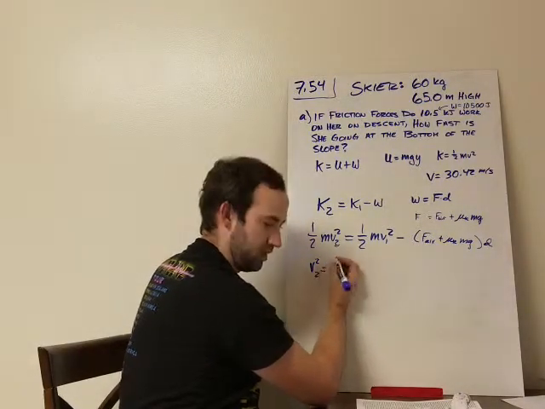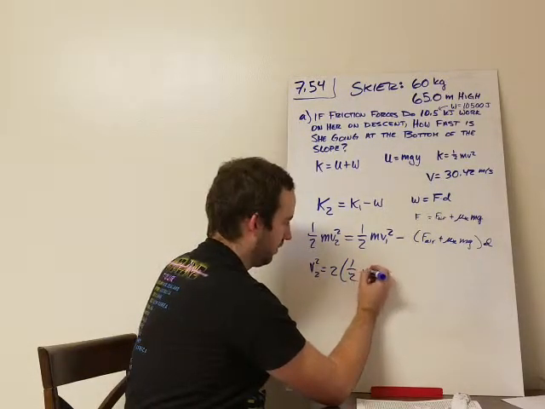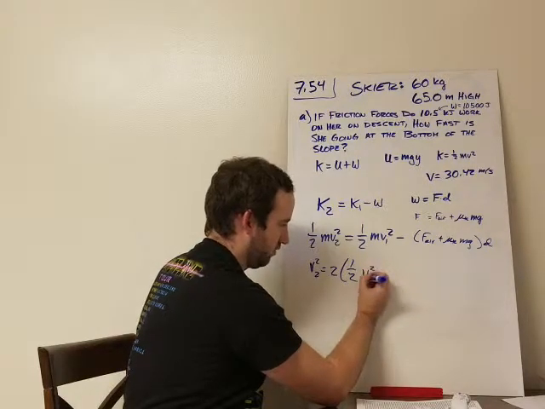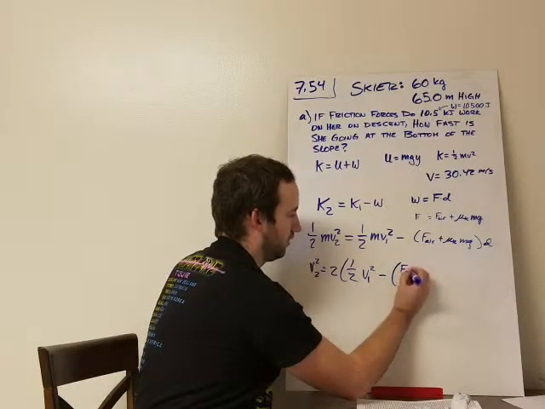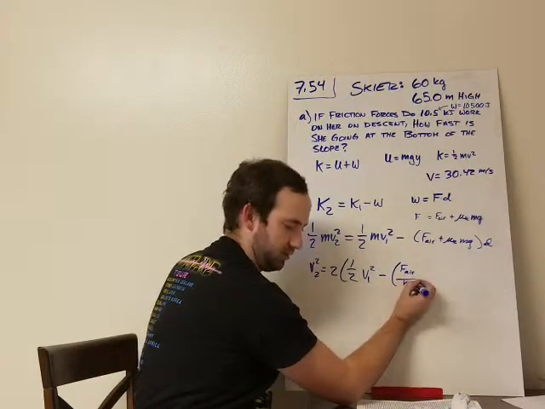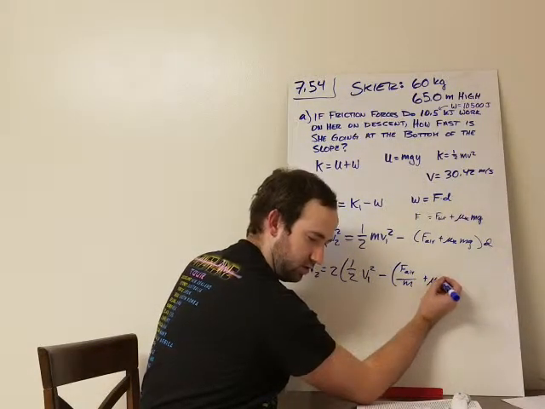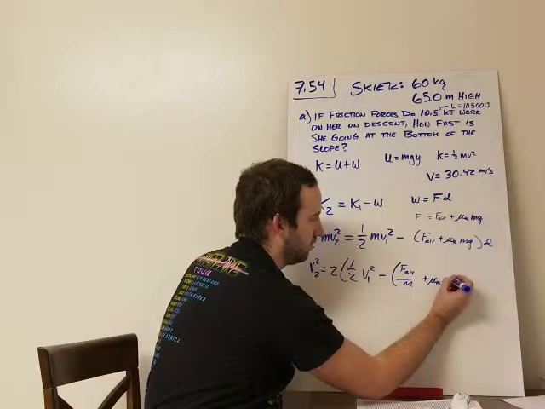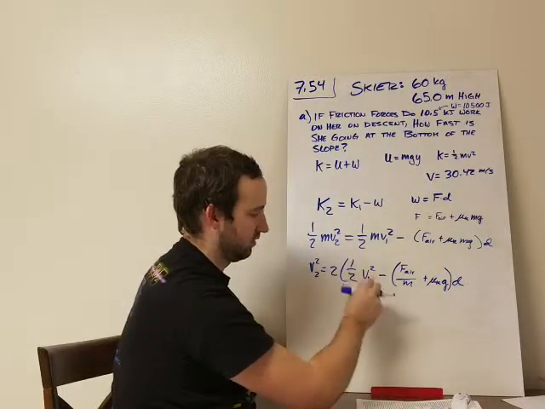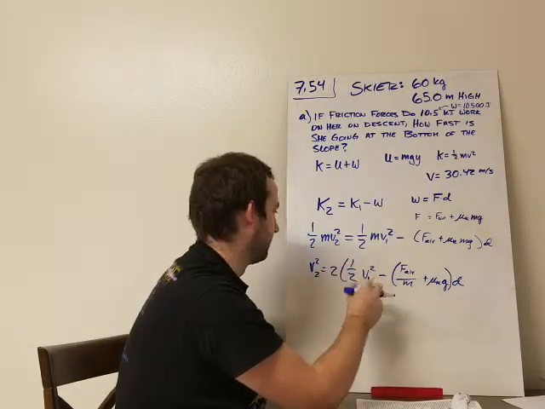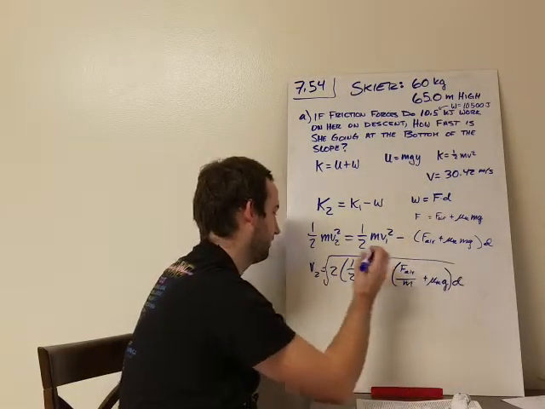We get v2 equals the square root of v1 squared minus 2 times the friction of the air over the mass plus the coefficient of friction times gravity, times the displacement. And to get rid of the squared, we just square root that.